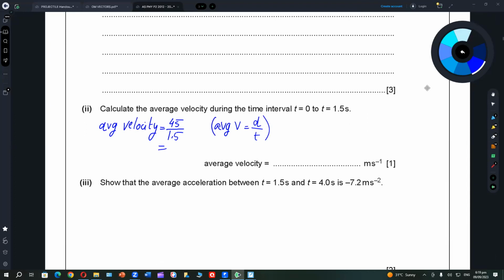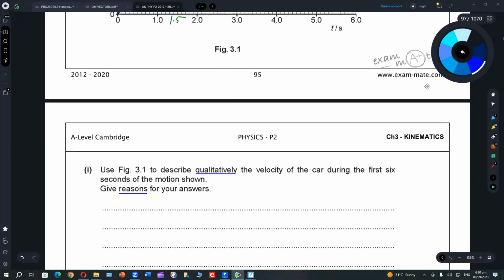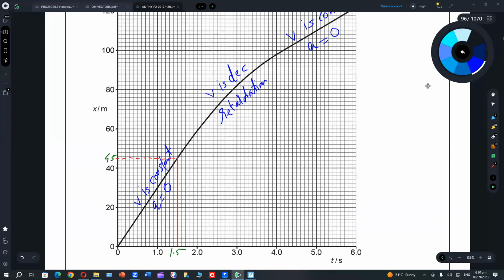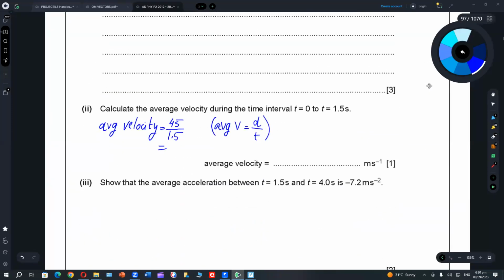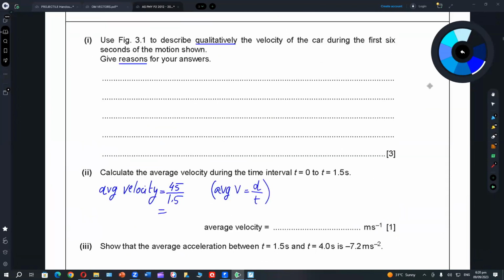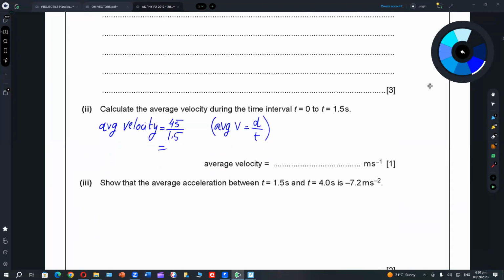So 33 point... how come it's becoming so big? Well, I have simply 45 upon 1.5. So if I round it, it will be 30. 30 looks fine to me. Then what are you getting?